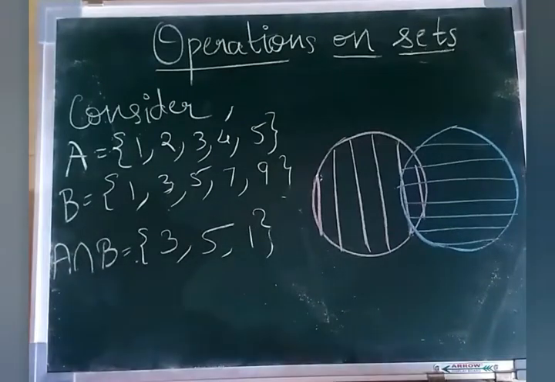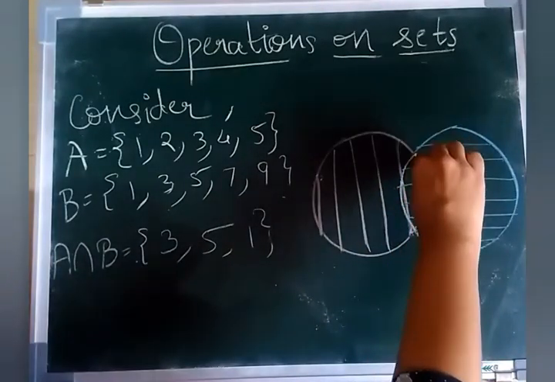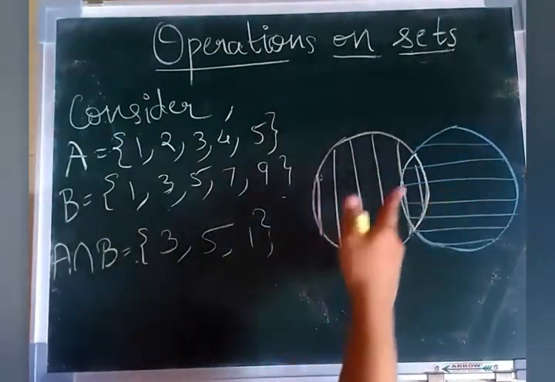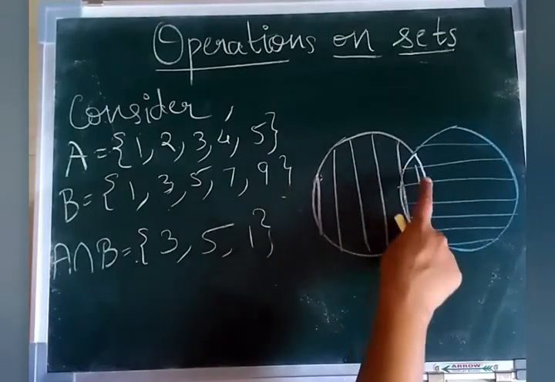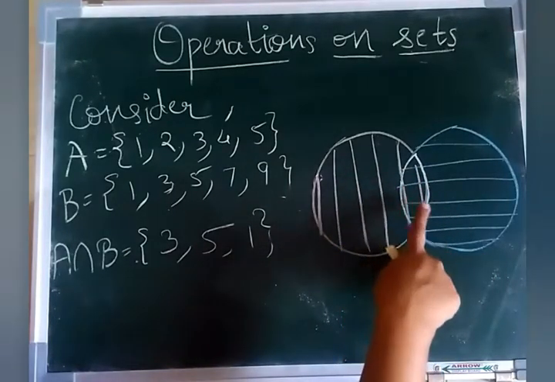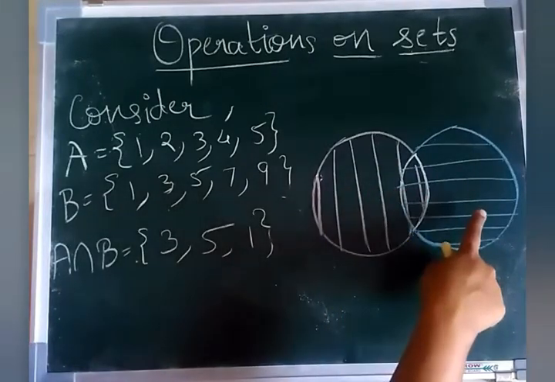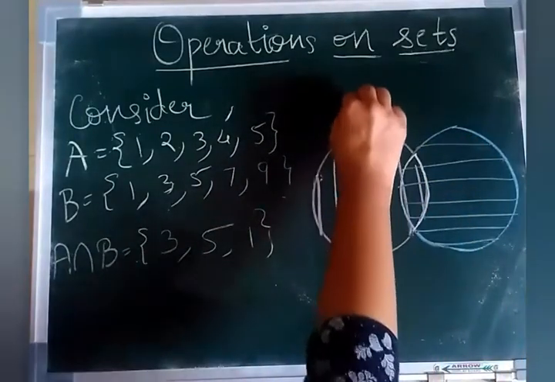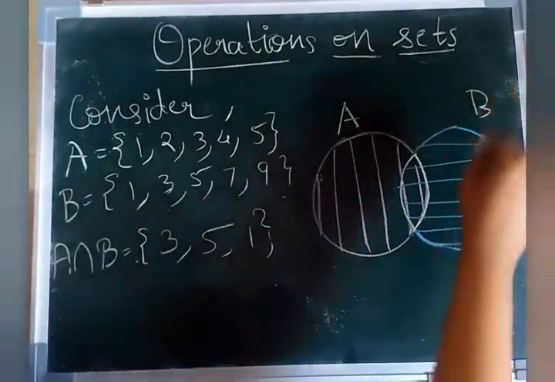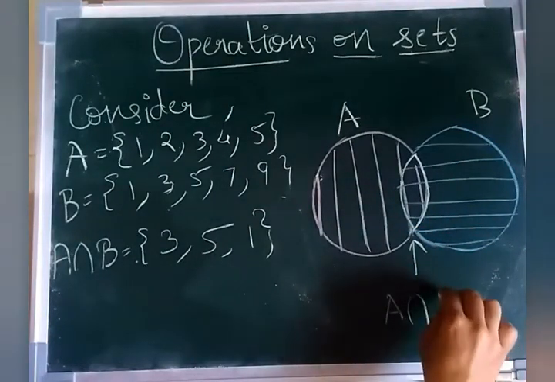So now this particular portion, if you see, if I highlight it, contains horizontal lines as well as vertical lines. So this is the common area for both the sets. That means those particular elements will be in this set also and in that set also. So if this is set A and this is set B, then this particular common area will be A intersection B.